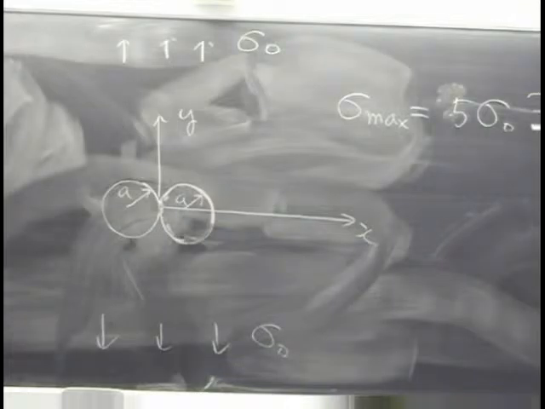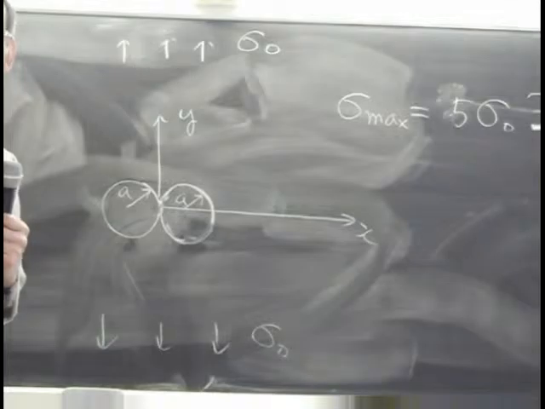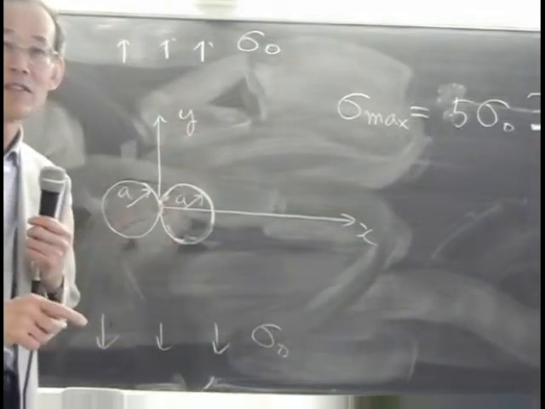The major axis is 2a. The minor is a. The two axes are 2A and A. So you have this value.